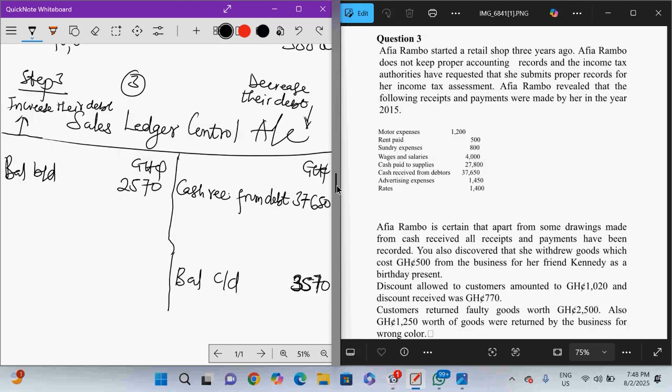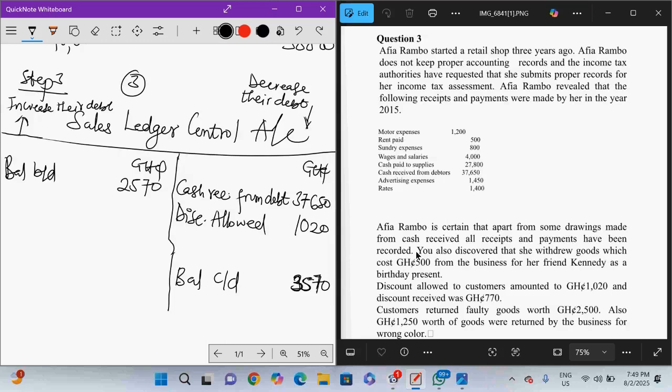When you allow discount to customers, does it increase or decrease their debt? That would decrease their debt because you are giving them discounts. So discount allowed, 1,020.